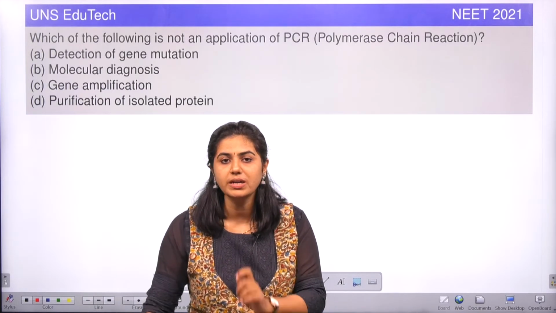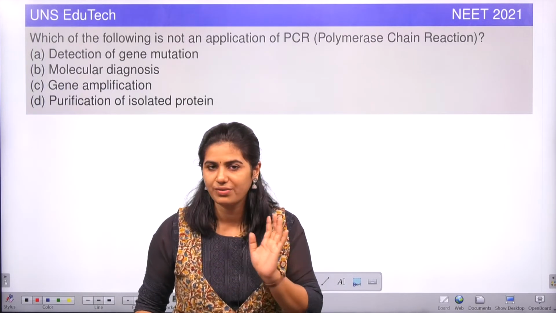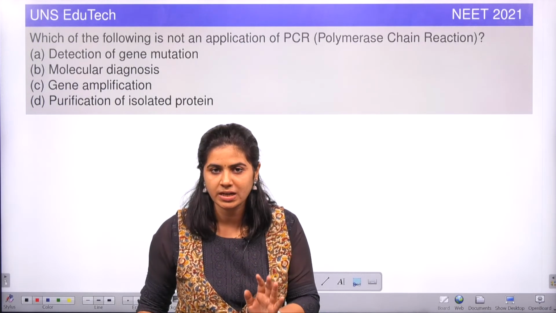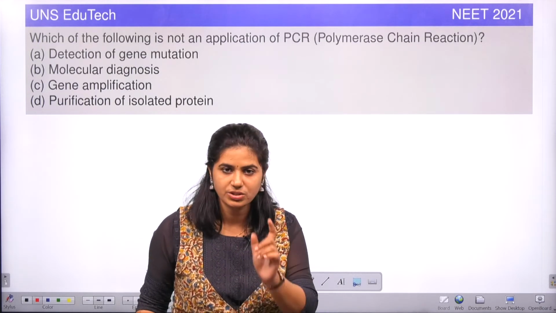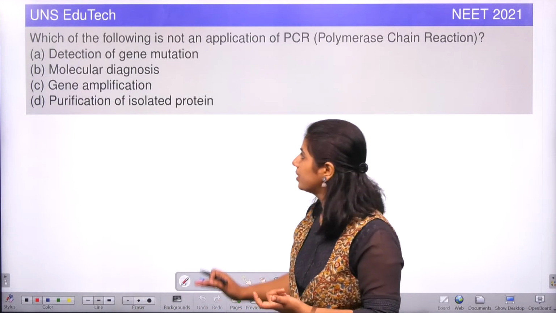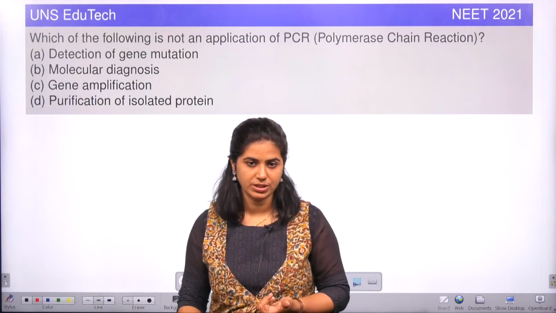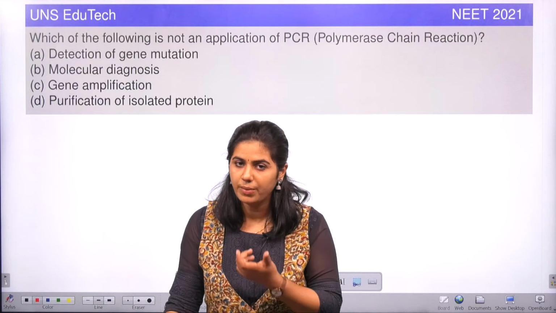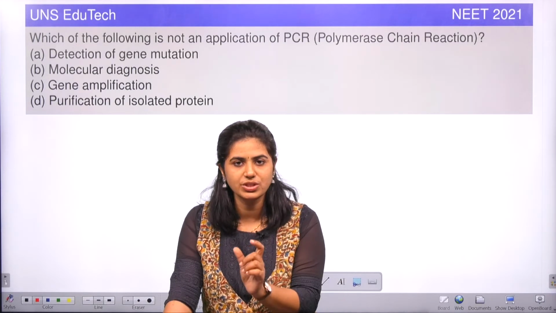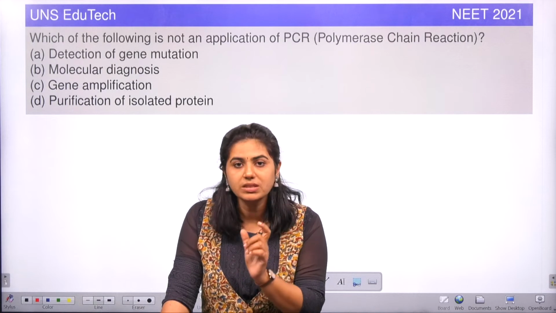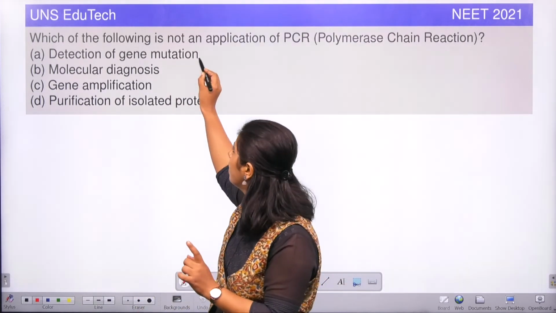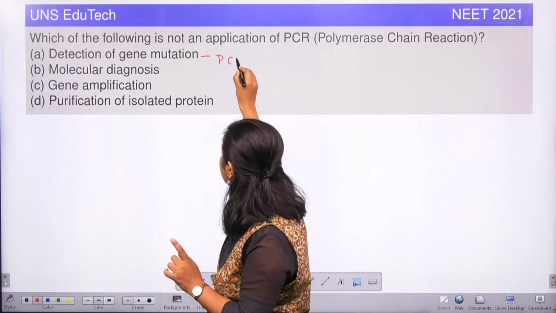PCR is nothing but amplification of a small fragment of DNA. DNA contains genes, right? The first option is detection of gene mutation. By amplifying a gene or DNA, we can understand whether there is any gene mutation, right? So it's an application of PCR.